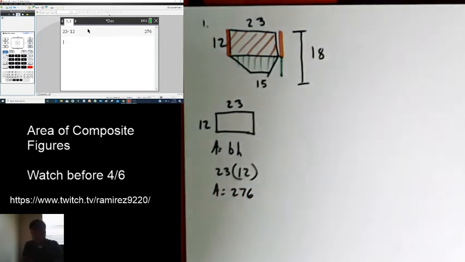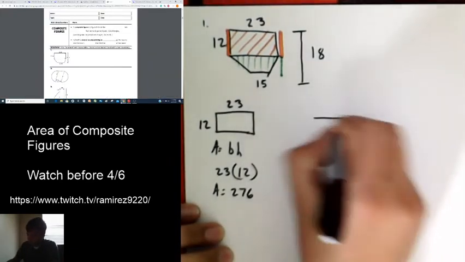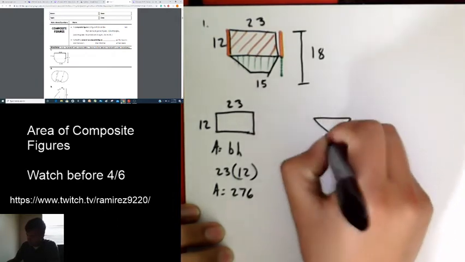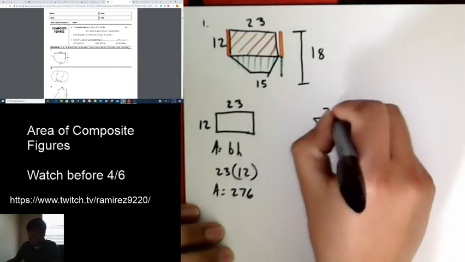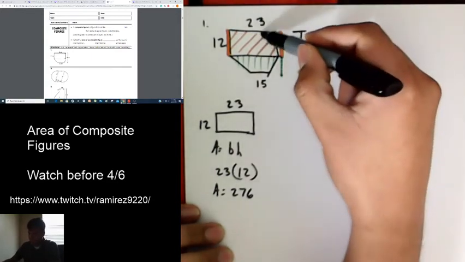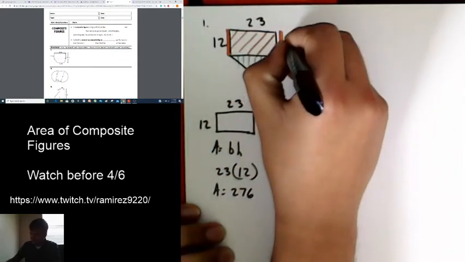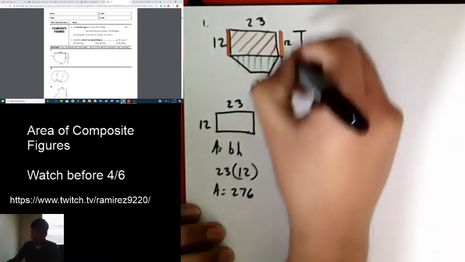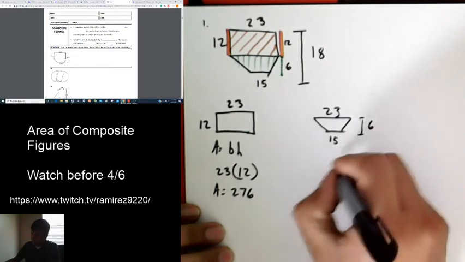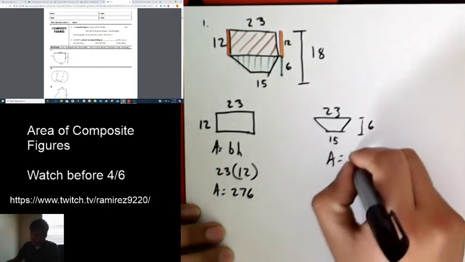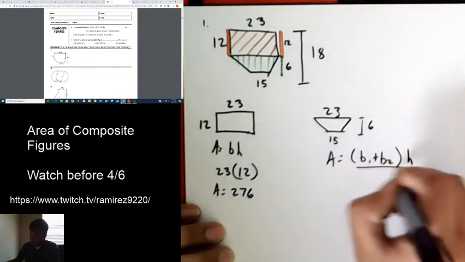Now we need to find the area of the trapezoid. We know this is 15. We know this right here is 23, because if this is 23, that's 23. The whole thing is 18, and 18 minus 12 is 6, so the height right there is 6. The area of a trapezoid is B1 plus B2 times the height, divided by 2.